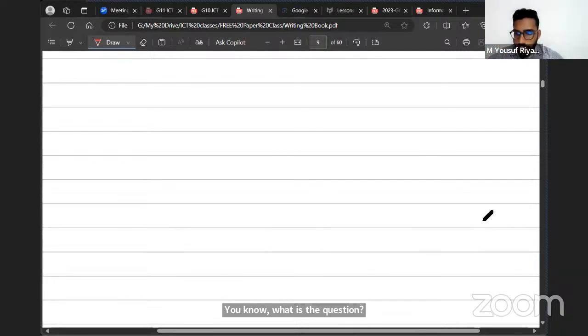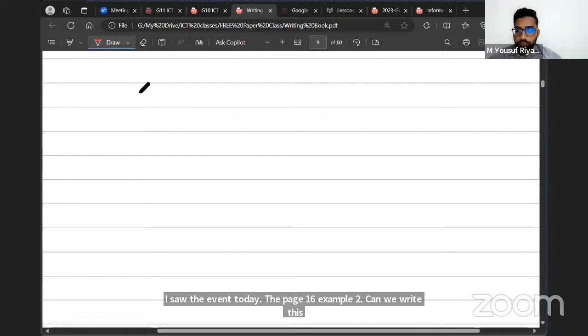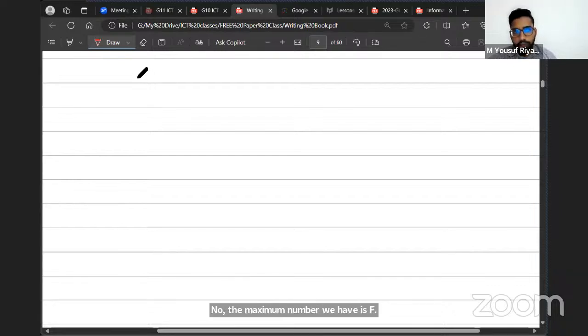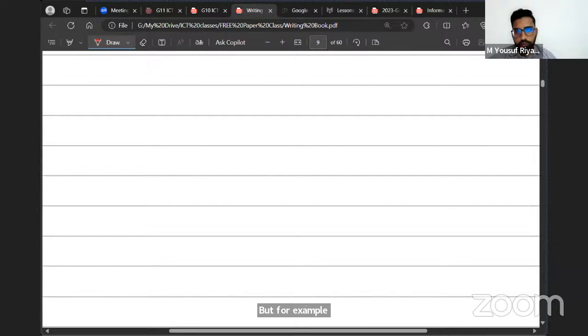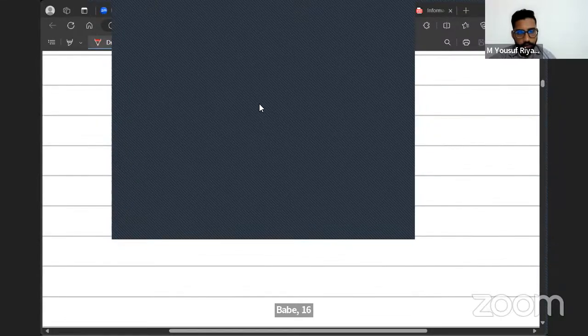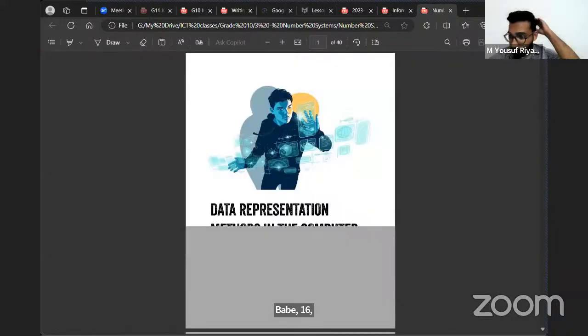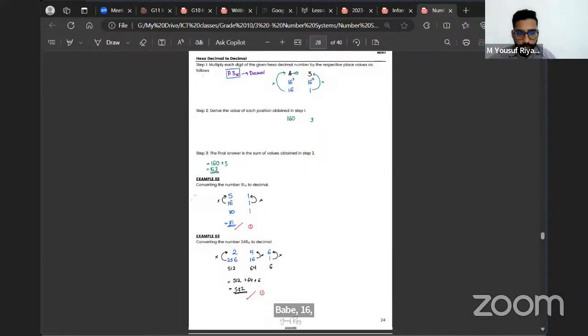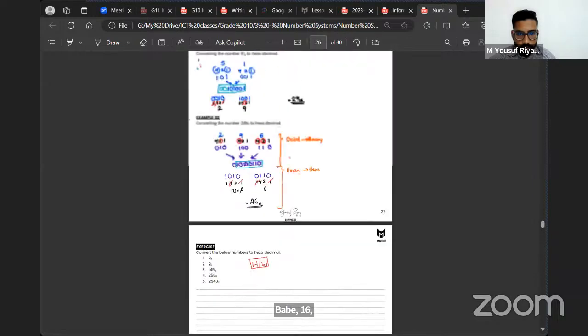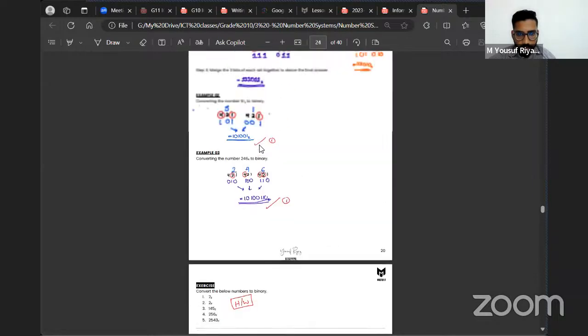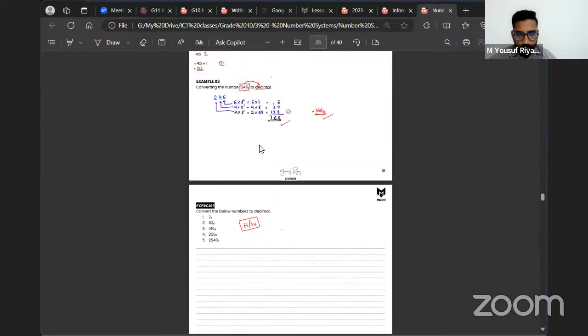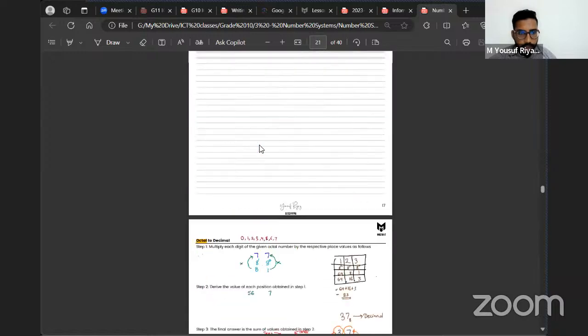Sir, I saw the requirement today. Page 16, example 2. Can we write it as R16? No, the maximum we have is F. Example 2 is 27.